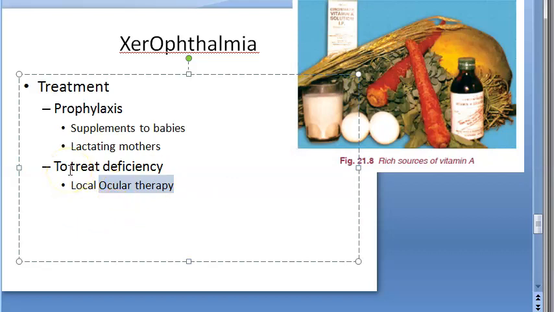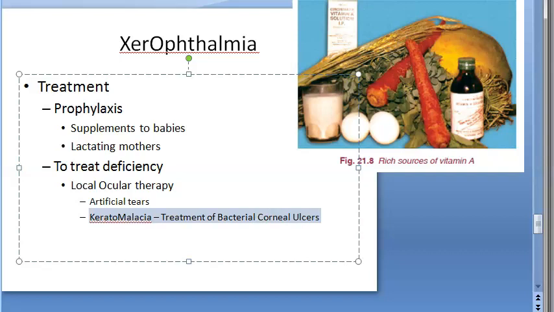In the stage of keratomalacia, that is necrosis, ulcer, etc., you will have to give treatment for bacterial corneal ulcer, some antibiotics, etc. You will have to look at that part of the treatment.